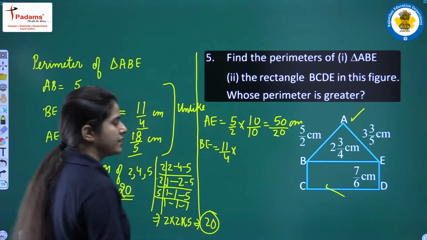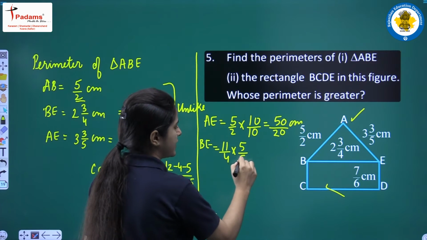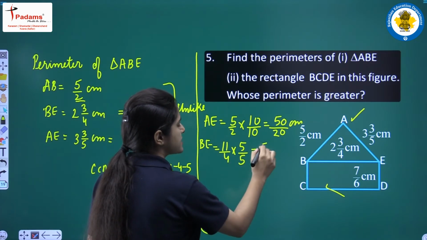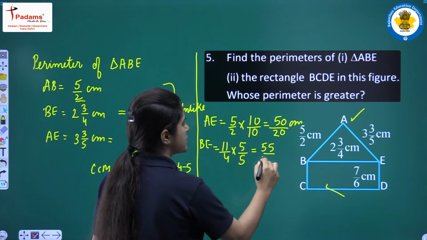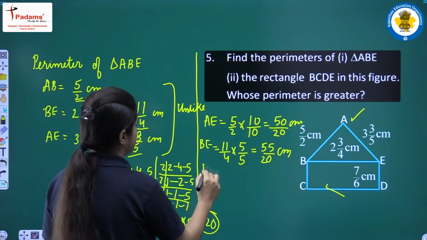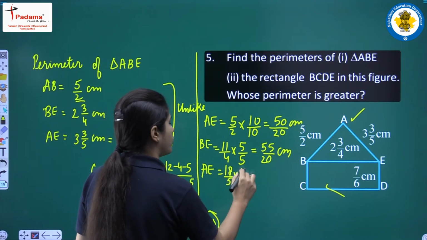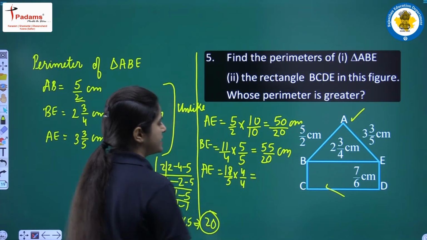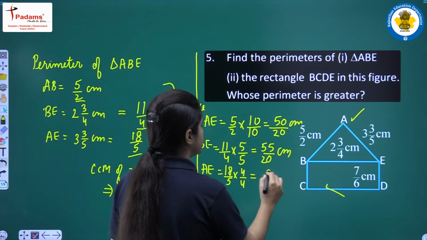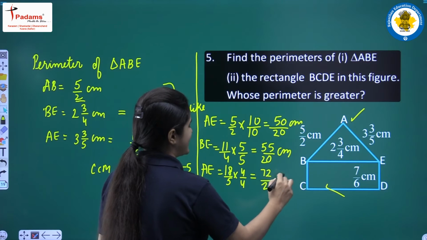Making its denominator 20 means we multiply by 5 upon 5. 11 into 5 is equal to 55 and 4 into 5 is equal to 20 centimeters. Then AE, 18 upon 5, so multiply by 4 upon 4. 18 into 4 is equal to 72. 72 upon 20 centimeters.